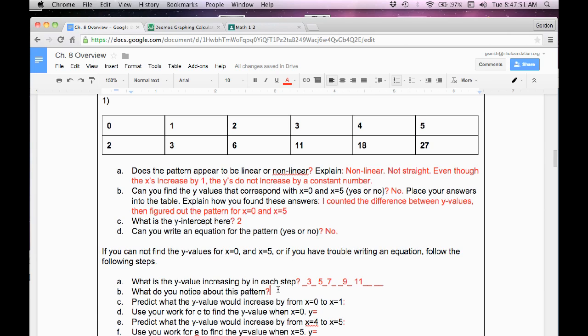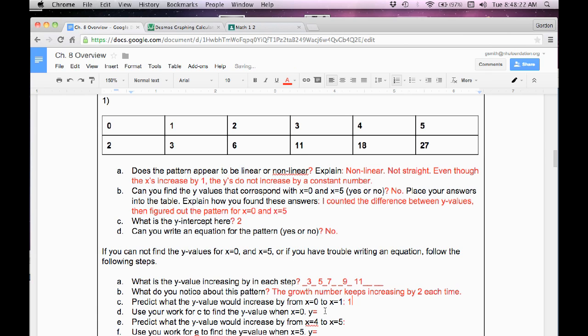Okay, what do you notice about this pattern? The growth number, is a good way of saying it, keeps increasing by 2 each time. Predict what the y value would increase by from x equals 0 to x equals 1. So here, if it goes up by 3, then over here it needs to be less. It needs to be 2 smaller, so it needs to be 1.